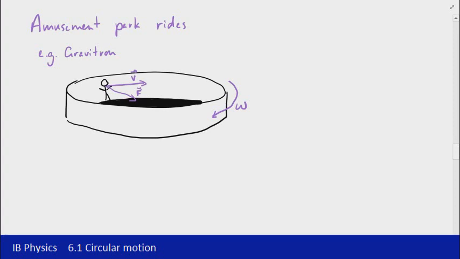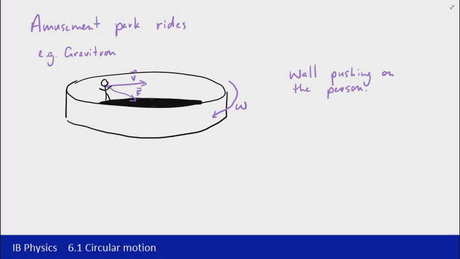Now the centripetal force that's causing the person to move in a circular path here is actually the wall pushing on the person. If you think about Newton's third law, the person would then be exerting a force onto the wall as well. So there's that application of Newton's third law there.